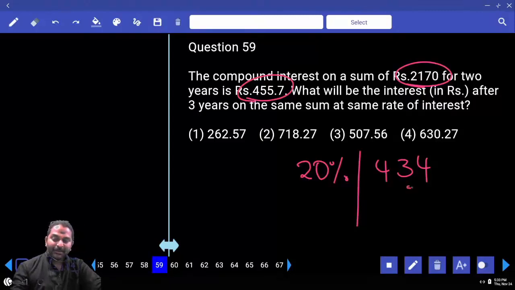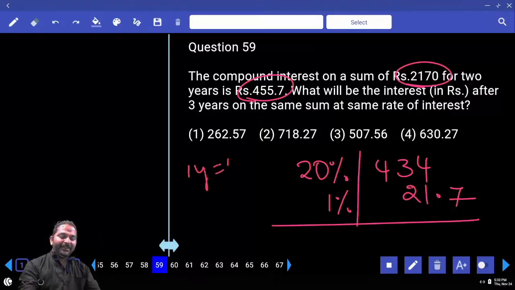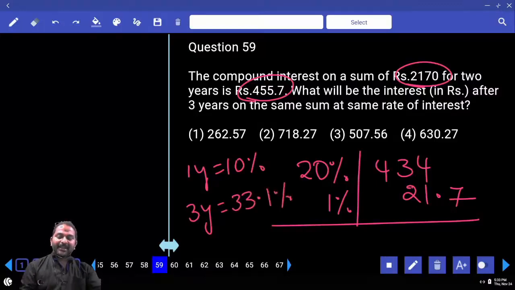How much more? 21.7, which is 1%, right? So what is the total 2 years interest? 21%, correct? For 2 years it is 21%, and for 1 year the rate of interest is 10%, right? For 3 years, 33.1%, correct?